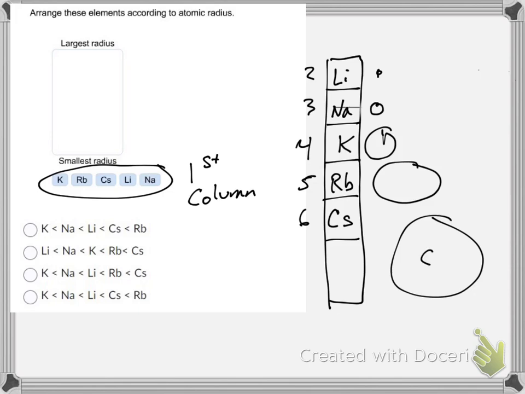So when we rank these, lithium is the smallest, then sodium, then potassium, then rubidium, and then cesium. This is the clearest increase in size on the periodic table, going down a column.